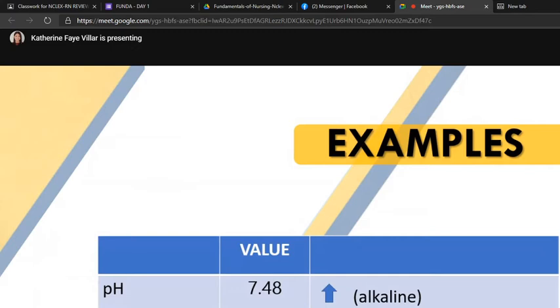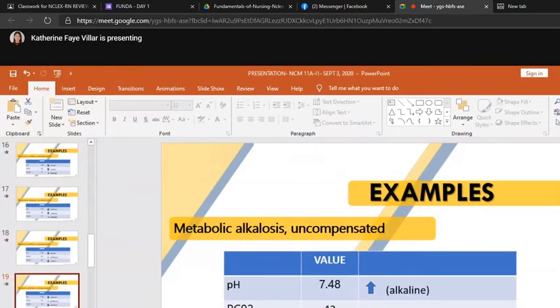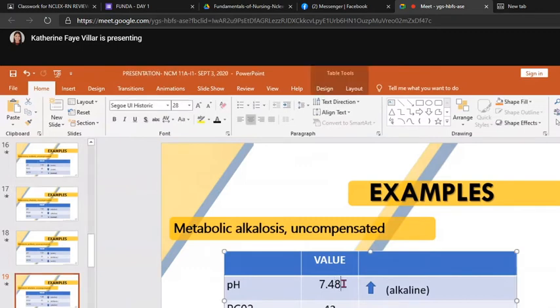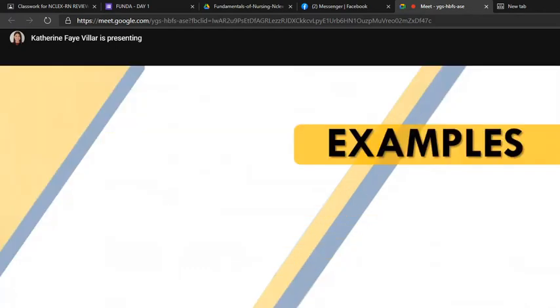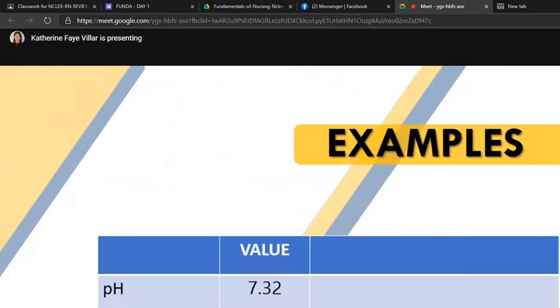Ay, wait lang ha. Mali dapat ito. Dapat mas mataas pala to para maging metabolic alkalosis. Sorry po. Tama ka, Jax. Paano to? Kasi po, hindi pwedeng walang magiging partner si pH.